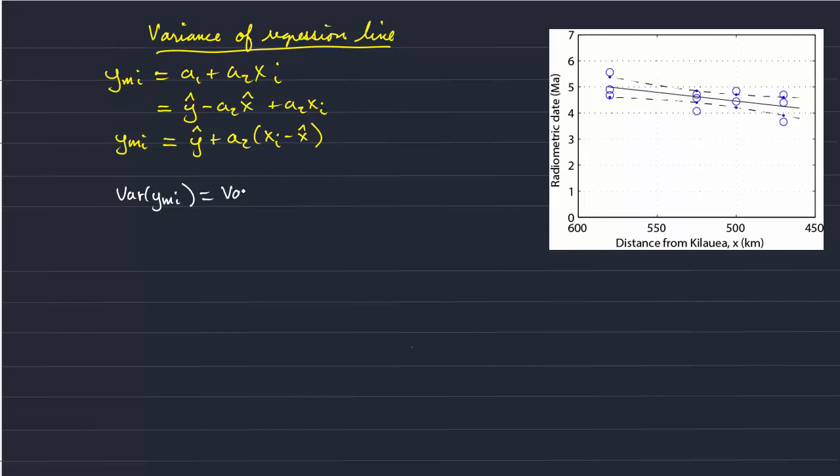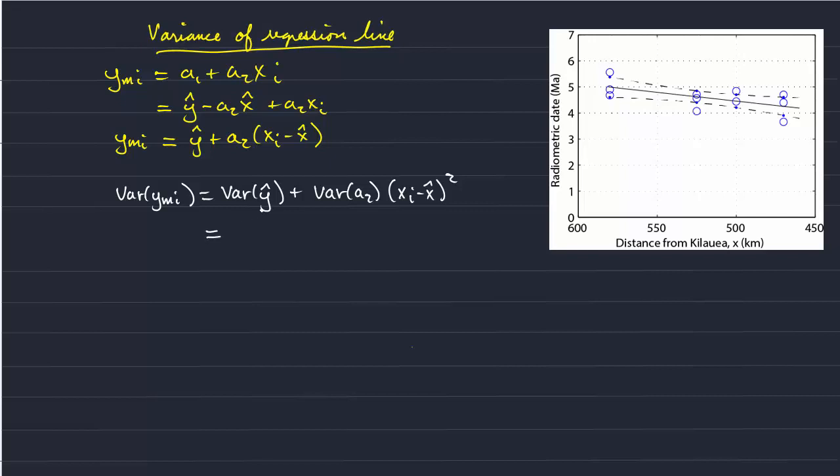So that's the variance of the mean value of y plus the variance of A2, the slope, times xi minus x bar squared. Again, this term does not vary because we're assuming we know x perfectly.